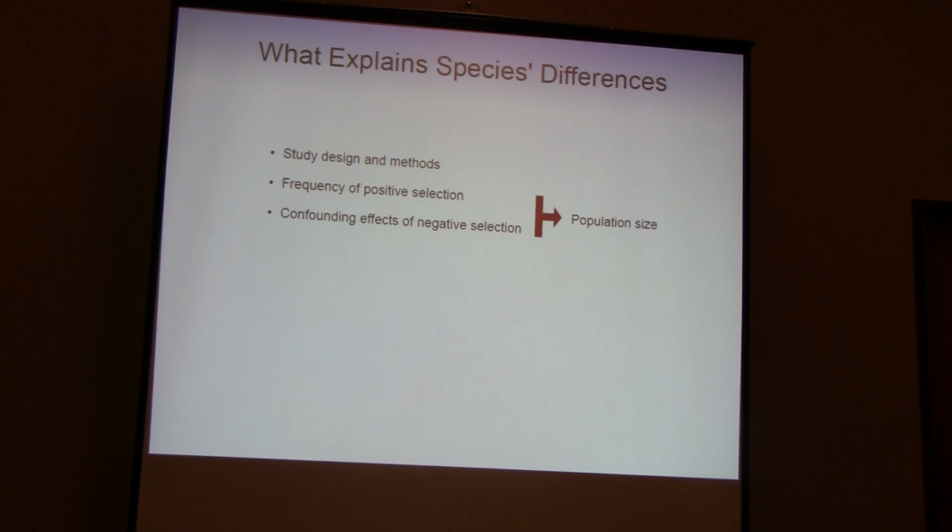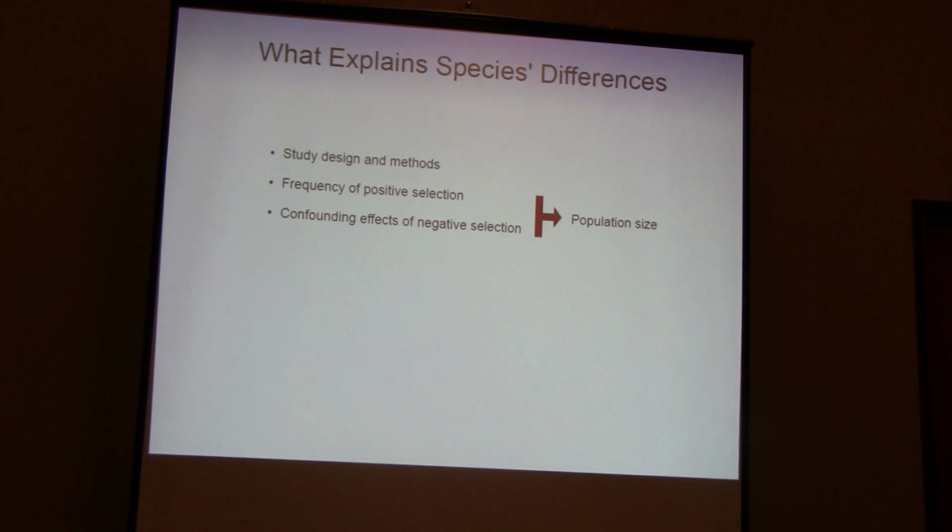Another possibility is that the frequency of positive selection could be different in different species. And then a third possibility is that there are some problems with accounting for the effects of deleterious mutations. In some species this might be accounted for well, in other species it might be more problematic.